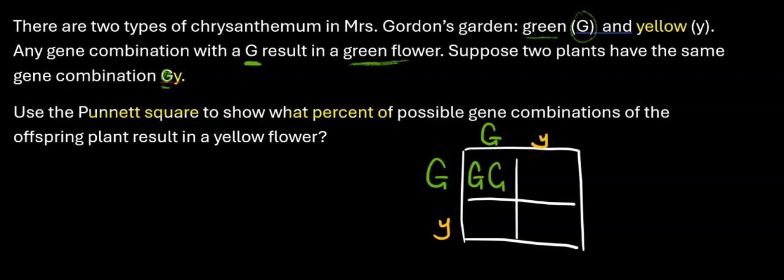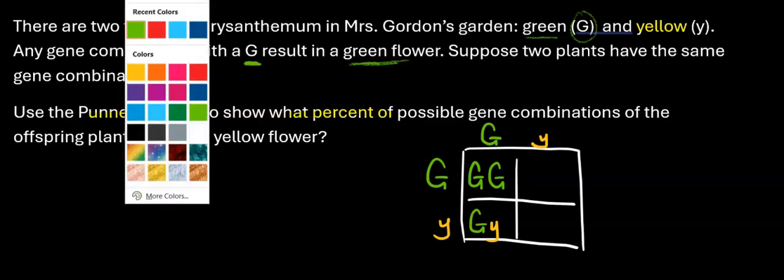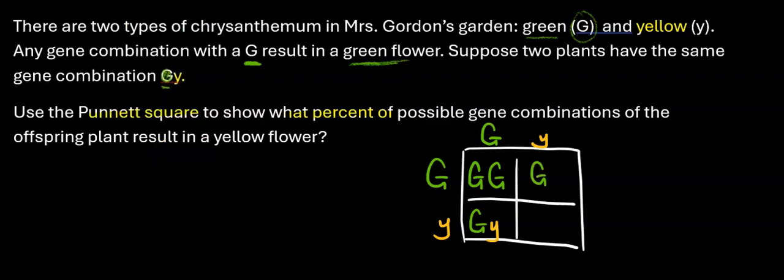Let's do G times the yellow y, which gives us G and yellow y. Let's look at what is y times G. That gives us green G and yellow y. Last one, what is y times y? That gives us yy, or y squared.